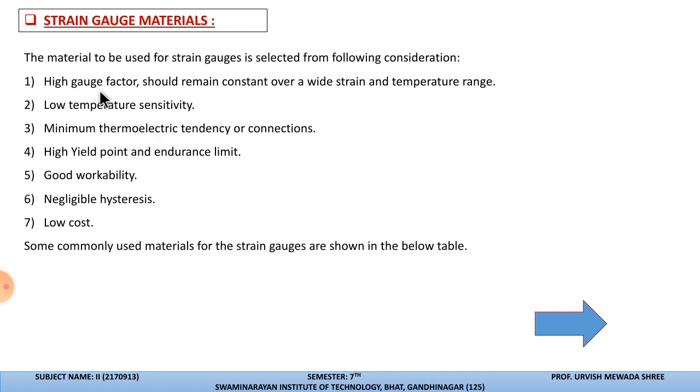So the first consideration is high gauge factor, that we already know, and it should remain constant over a wide strain and temperature range, and it should have low temperature sensitivity, because if low temperature sensitivity is there, then the output response is linear.